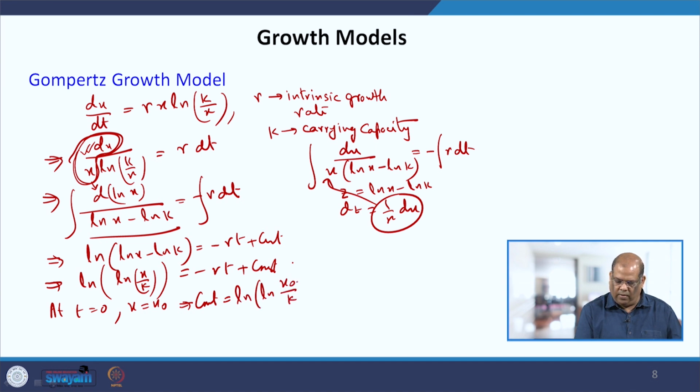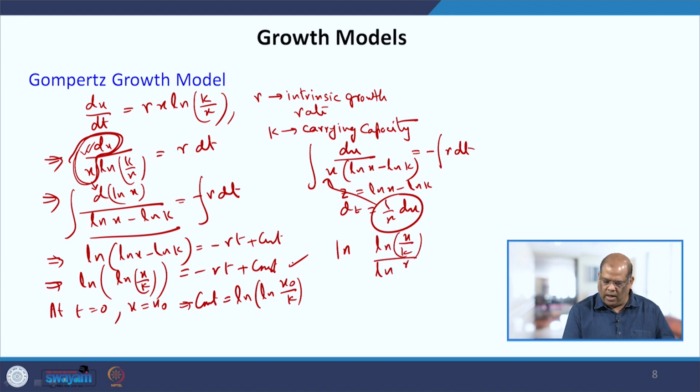x0 by k. So, if you substitute it here and take it to the left hand side, you will be getting ln of ln x by k divided by ln x0 by k equal to minus RT.